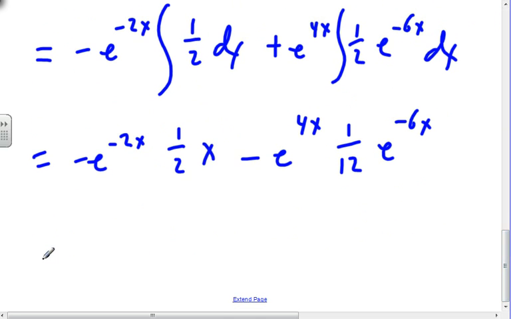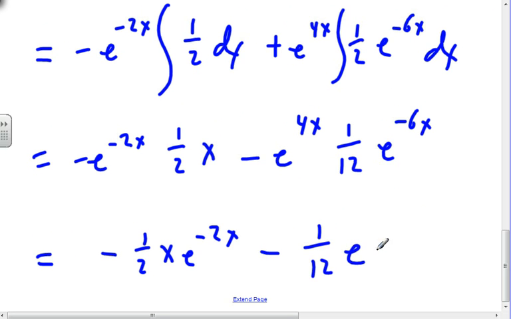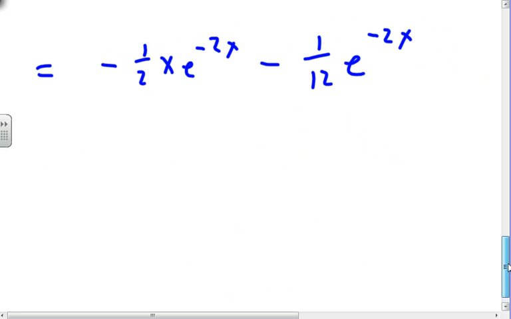All right. So I got minus 1/2 x e to the minus 2x minus 1/12 e to the minus 2x. Okay.